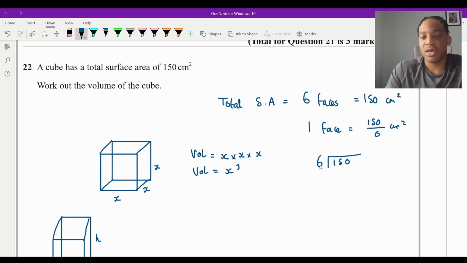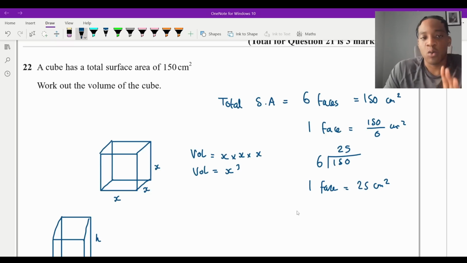Use the bus stop method. 6 goes into 1? No, it doesn't. 6 doesn't go into 15. How many times does 6 go into 150? Oh, it goes in nicely, and that will be 25 times. So I'll put 25 here. 6 goes into 150 25 times. So the area of one face is equal to 25 centimeters squared.